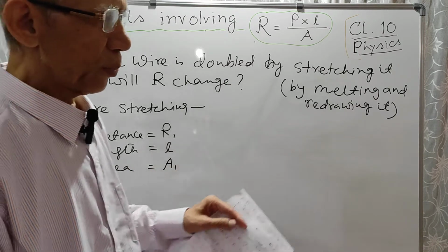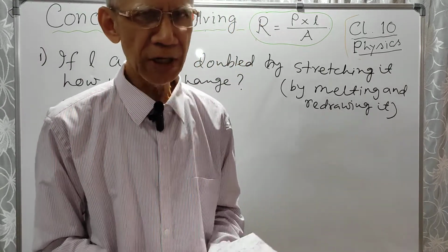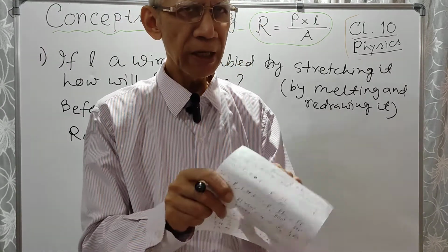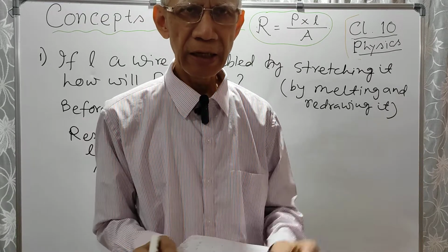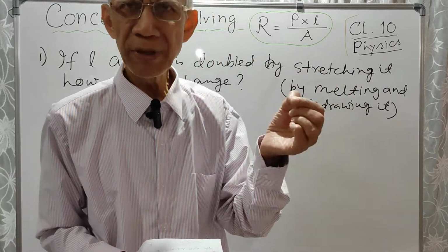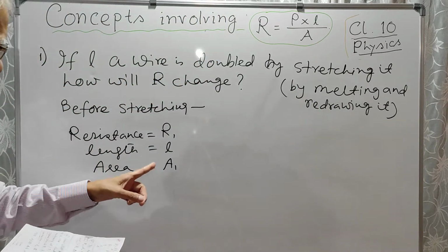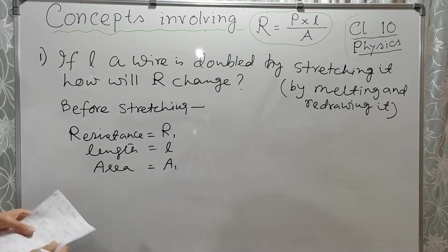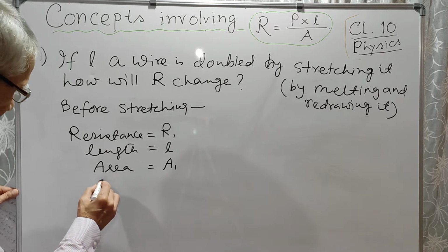Now when you pull it, the wire becomes thinner. When you pull a particular wire, the cross sectional area will decrease because the wire will become thinner. So A1 is the area, and then resistivity is rho.